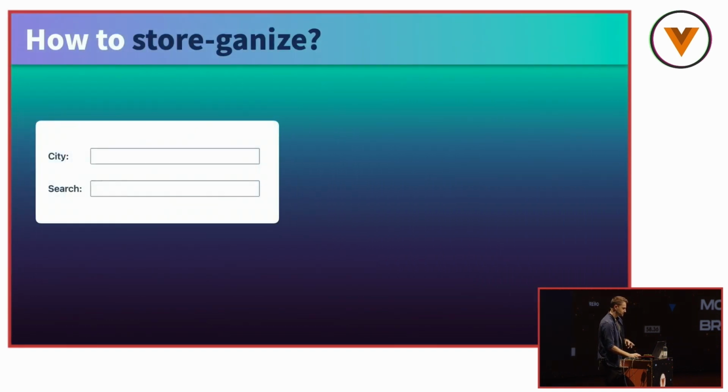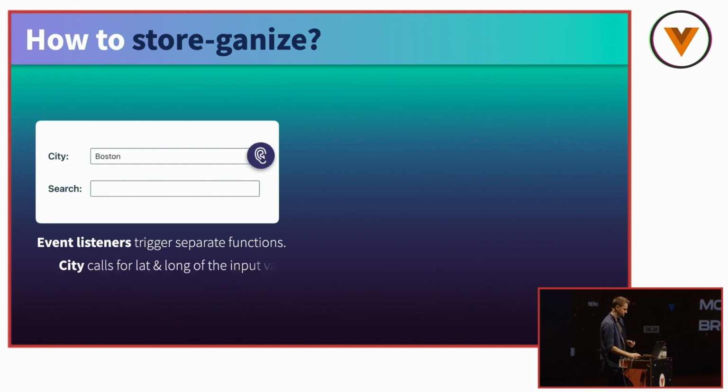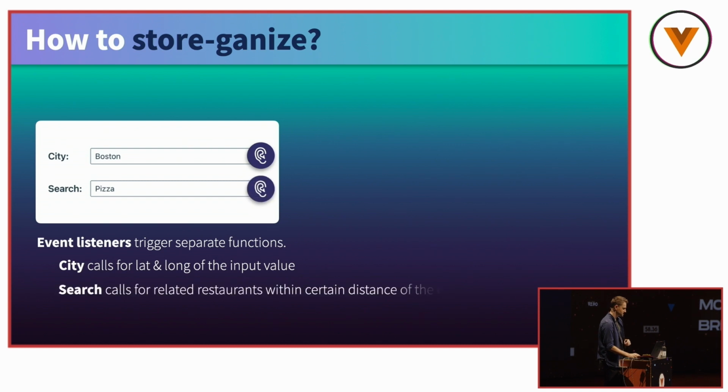If we break this apart functionally, both inputs have event listeners that are triggering separate functions. The city one calls for the latitude and longitude of the input value. And then the search here is calling for the related restaurants, again, within a certain distance of that city. And so they're both relying on and making calls with the Google Maps API.